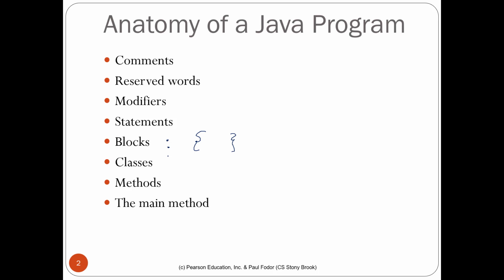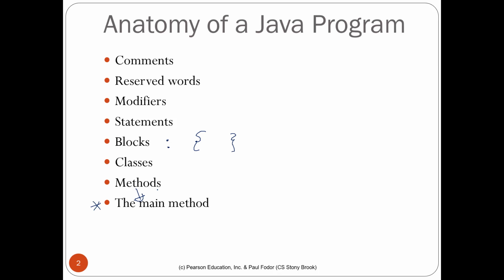The one method that you must have in a program to run that program is the main method. Other than the main method, you can write other methods as well for anything else that you want to do outside the main method.